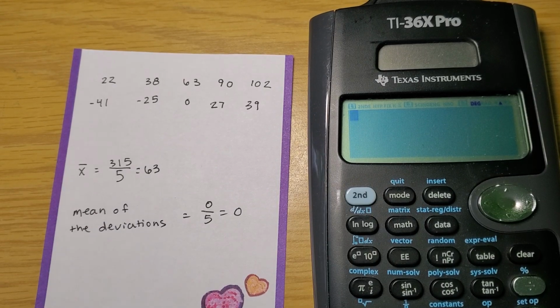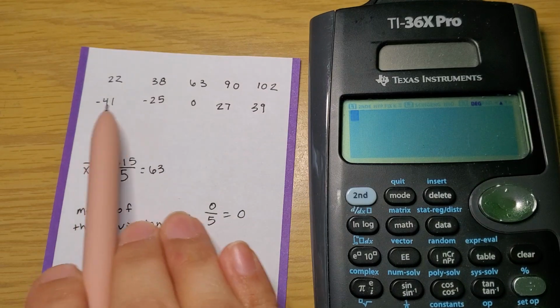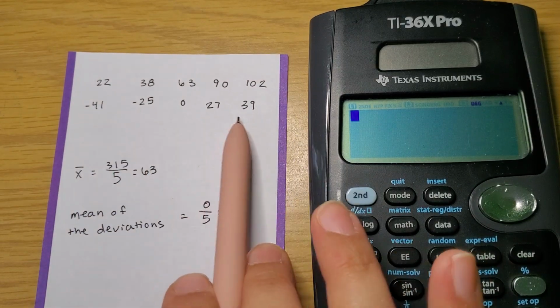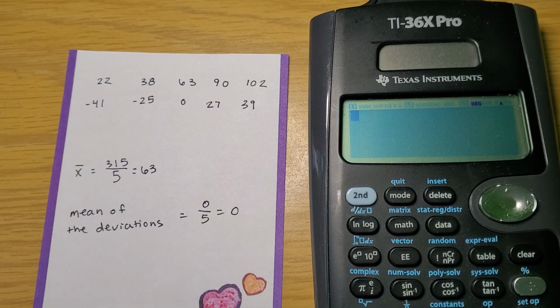So here's the problem with this method. This is always going to happen. No matter what data set you have, no matter how close the numbers are or how far away they are, these negative numbers end up canceling out with the positive numbers, and you will always get 0 as your mean of deviations.